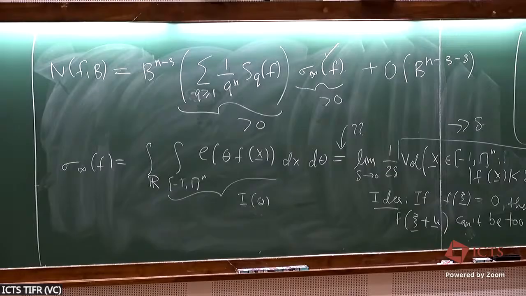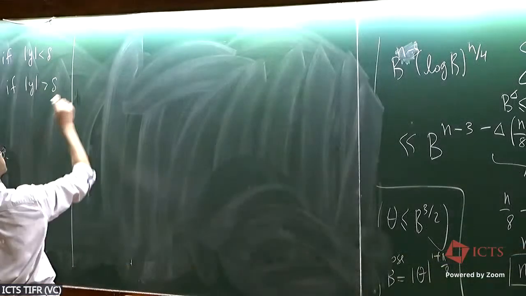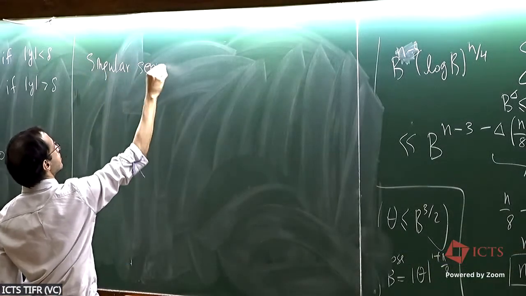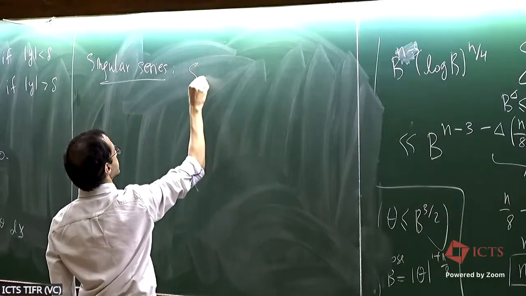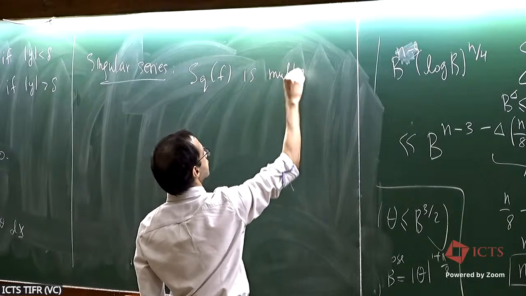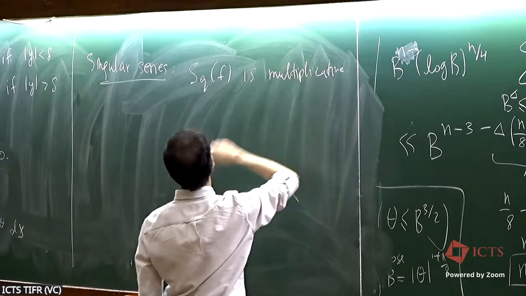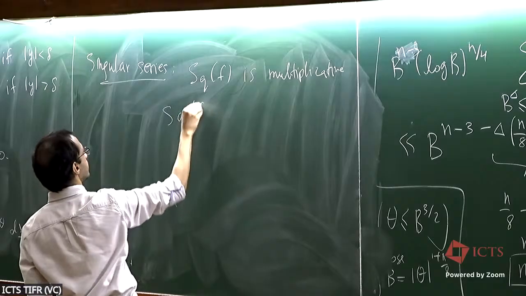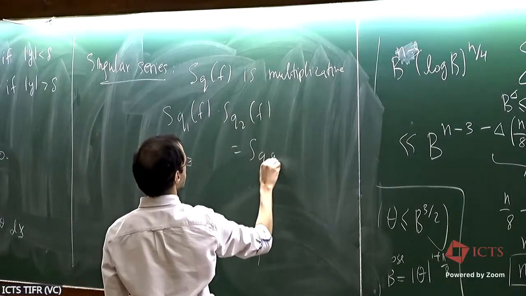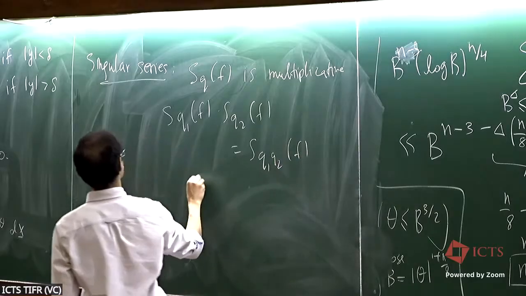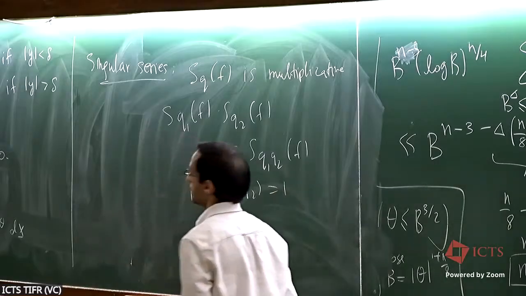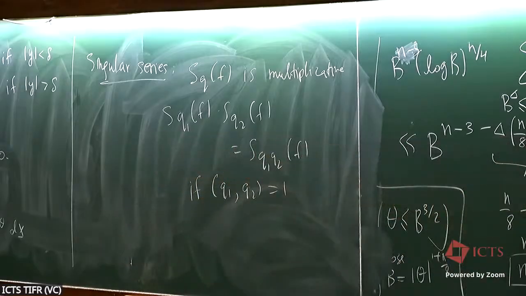All right. So for the singular series, the first thing is that this S_Q(F) is multiplicative. That is to say that S_{Q1}(F) S_{Q2}(F) is S_{Q1 Q2}(F) if Q1, Q2 are coprime. Okay. That also requires a bit of work.